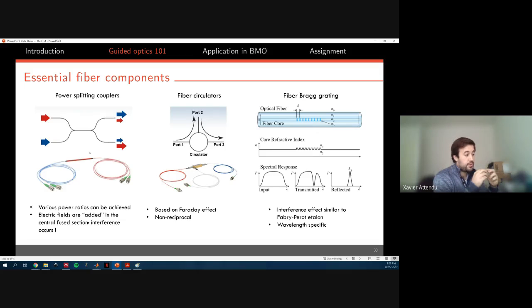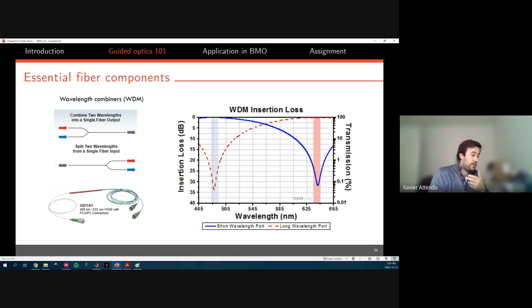You fuse the two fibers together, and part of the electric field in one fiber, if it comes close enough to the other, will jump to the other fiber, and vice versa. And by adjusting how close you bring them together, how long they're close to one another, you can control exactly how much light jumps from one to the other, or which percentage of light, and then you have these splitter ratios. Okay, and the same analysis can be done for wavelength combiners, but instead of looking at the power combination, now you're looking at how effectively one wavelength jumps from one fiber to another.